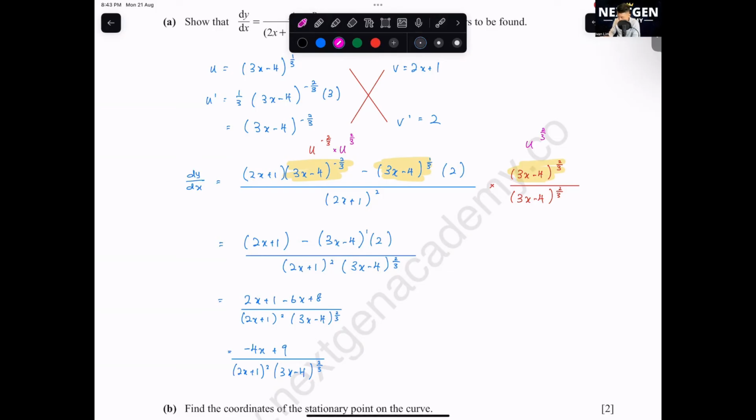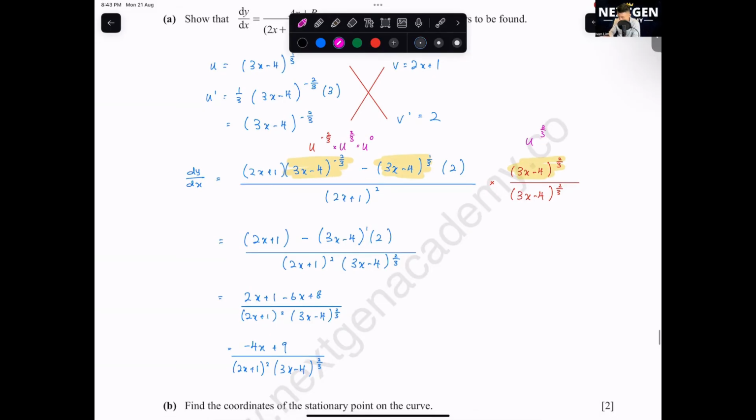Negative 2 over 3 times 2 over 3, this becomes u to the power of 0, which is equal to 1. What about this value here? This is u to the power of 1 over 3 multiplied by u to the power of 2 over 3. You will get u to the power of 1. I am letting 3x minus 4 equal u. It's easier, as in your mind, this is what you are supposed to think to simplify it. Can you all see?